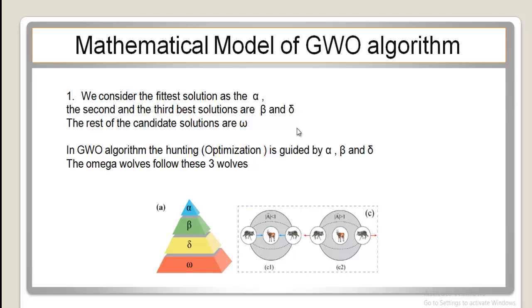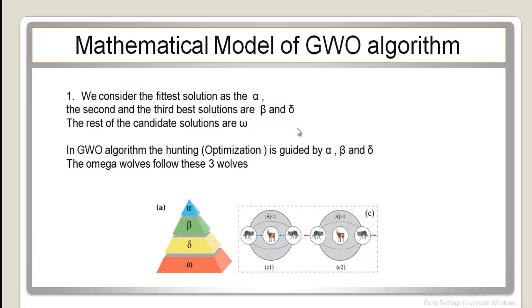The diagrams A, B, C, as we can see, visually represent these concepts. Diagram A shows the hierarchical ordering of solutions. Diagrams B and C likely illustrate the algorithm update rules and how each omega agent adjusts its position relative to the alpha, beta, and delta, corresponding to phases of the algorithm where the coefficient A is greater or less than 1.